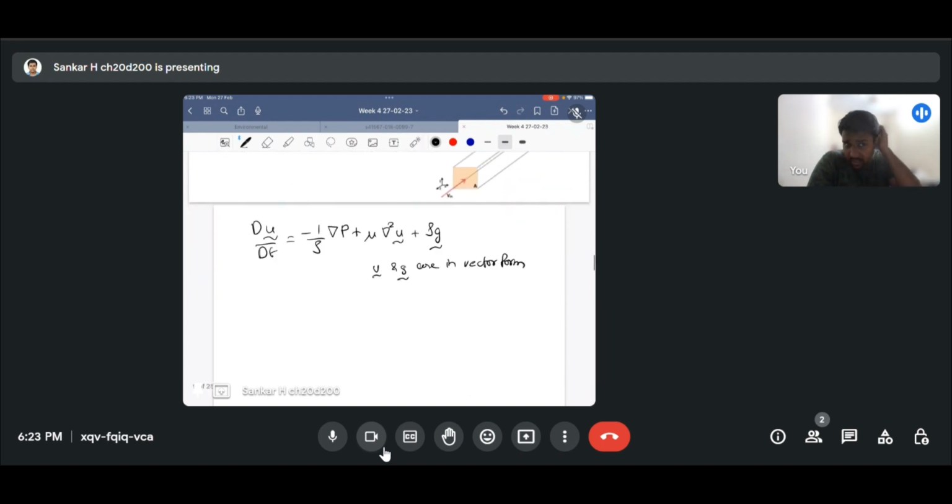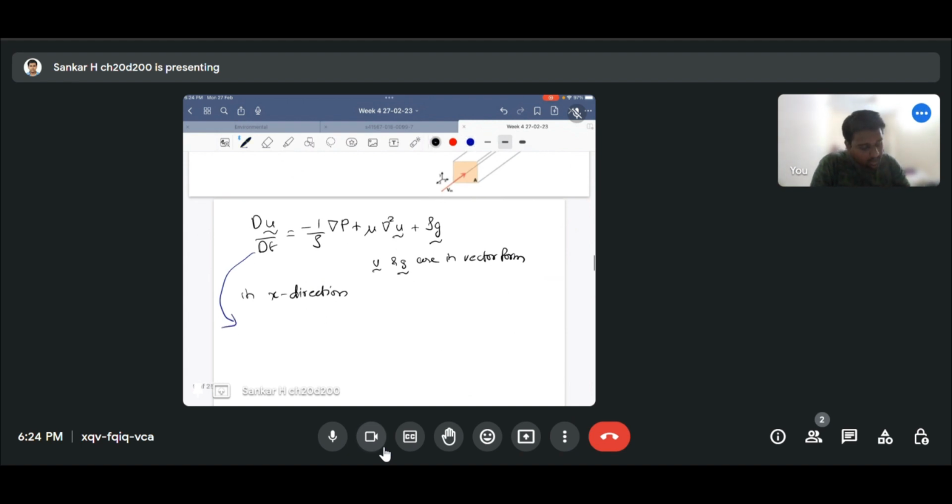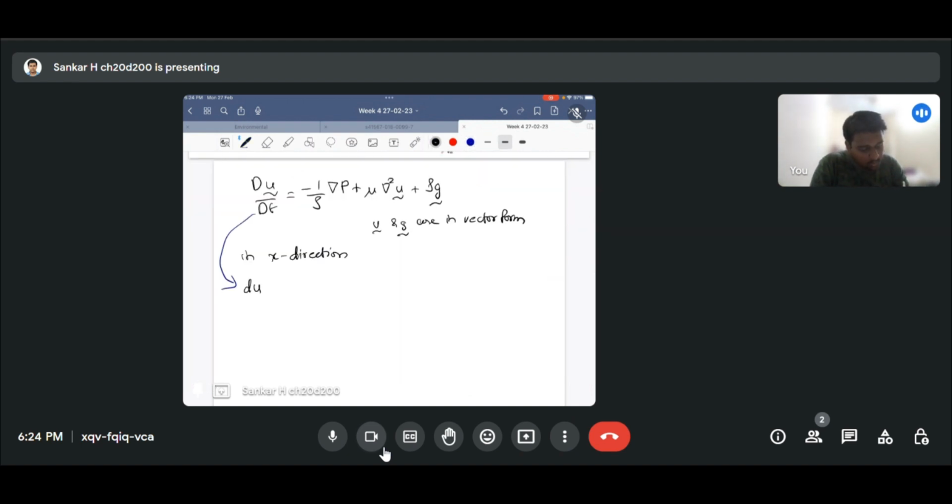Therefore, when we write the component balance in the x direction, we are basically writing the substantial derivative in the component balance as du by dt, the unsteady term, plus u du. Now let's make this all partial differential, since u is a function of x, y, z and t in a general sense.